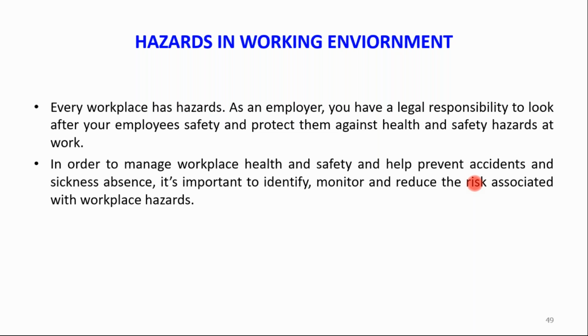If there are some medium risks, then how to reduce this medium risk to lower risk. So that is the continual improvement process which can be conducted with the help of HIRA, hazard identification and risk analysis. So with the help of some other techniques also, we can reduce the hazards as well as the risk level.